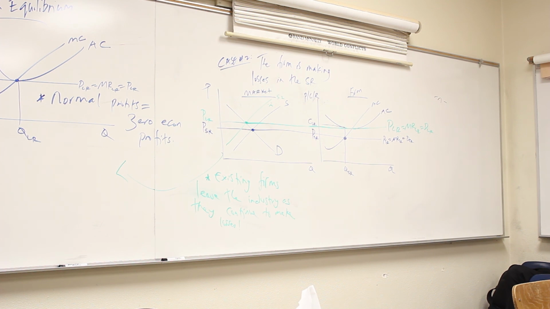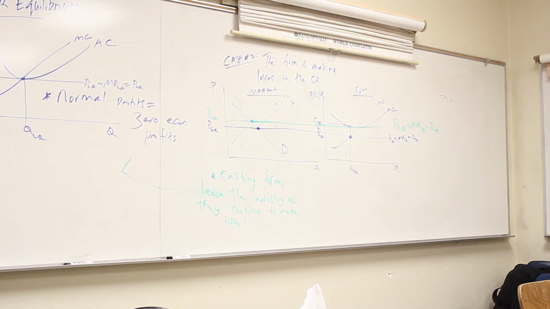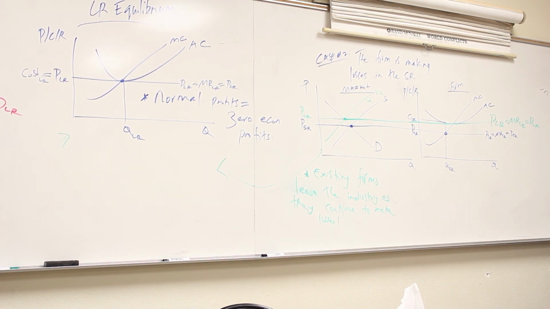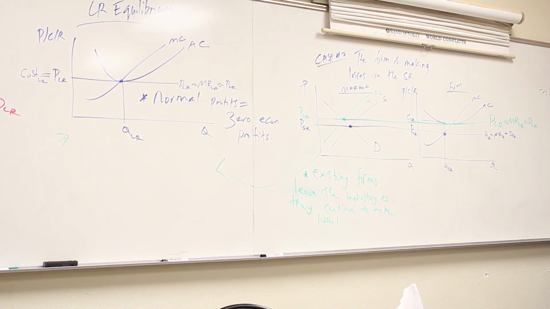The point is, you get to this long run equilibrium, but the story of how you got there is very different. If you're making profits, new firms see the profits, they enter and they compete it away until only normal profits are made. If you're making losses, firms exit. They keep on exiting, and again, the market settles until only normal profits are made.